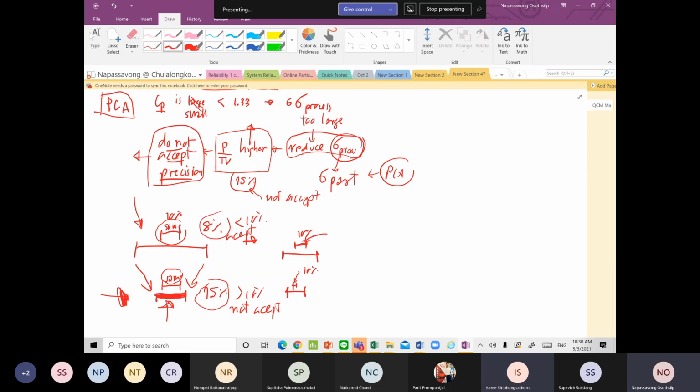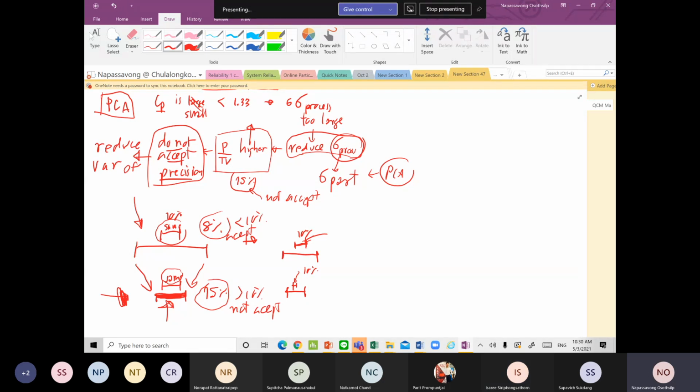Reduce the range, the same range? What does it mean? Reduce the variation of what we initially said was accepted, right? Okay, very close.